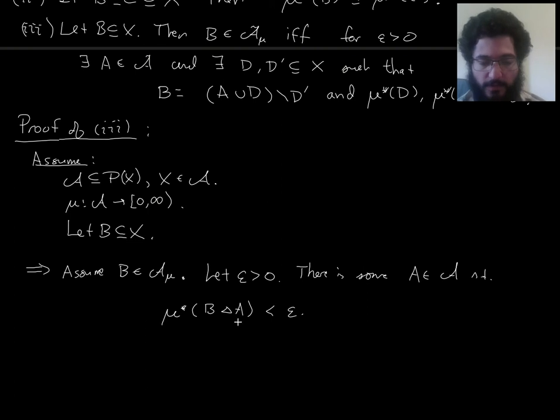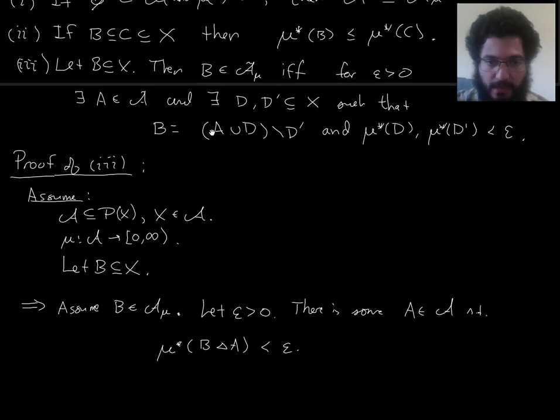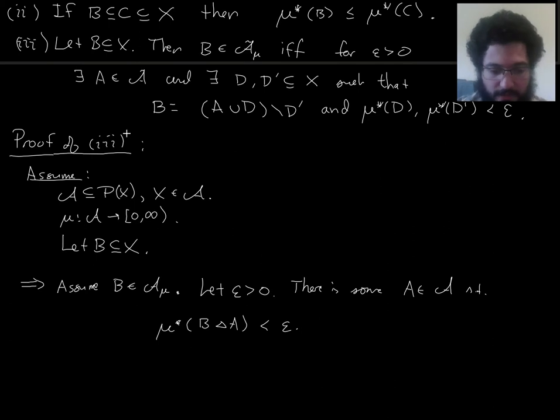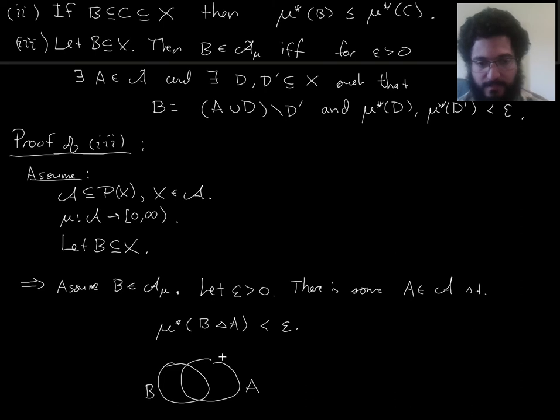Now, how might we find sets D and D prime such that B is a special thing with D thrown in, D prime deleted, and with the outer measures of D and D prime being small? How can we do that? Well, here's a picture. So let's say this is B, and this is A. So just a Venn diagram. Then can I view B as something I get by starting with a special set? Well, I have a special set in hand.